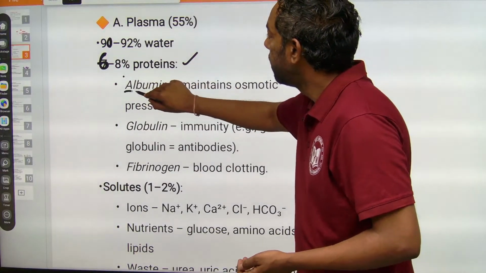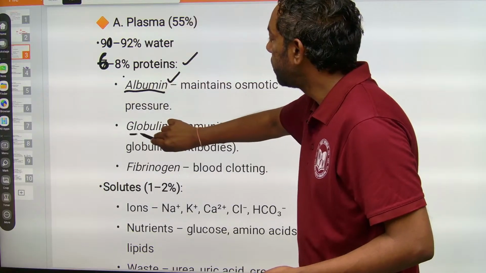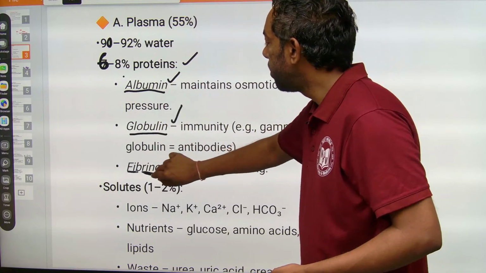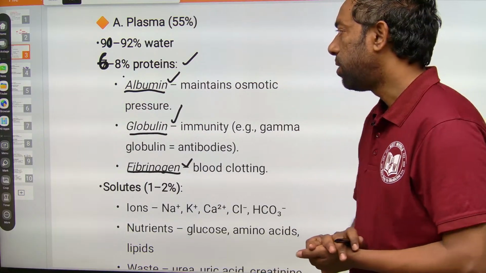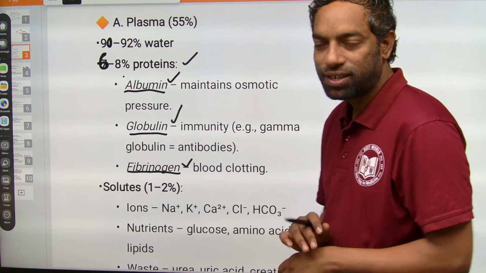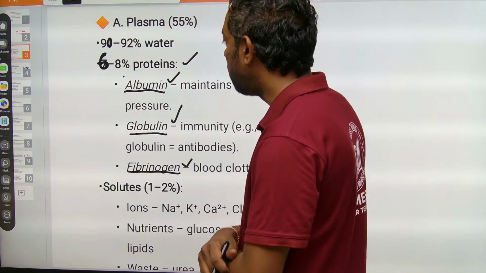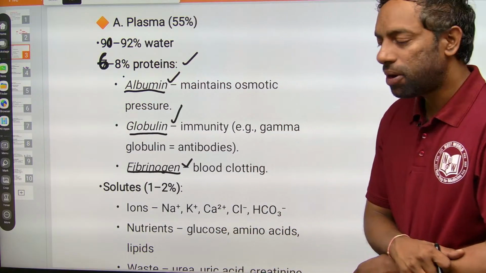Albumins, globulins and fibrinogens. These are the three types of proteins in the plasma. Plasma contains its own proteins like albumins, globulins and fibrinogens.